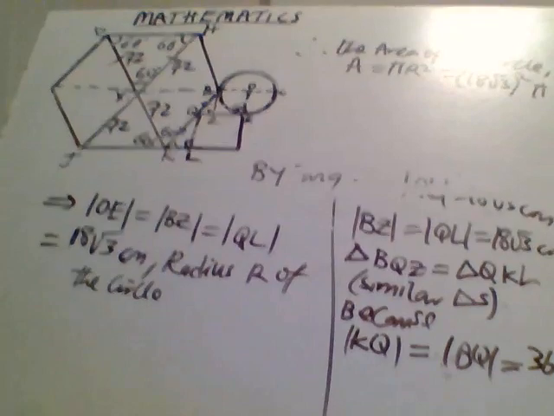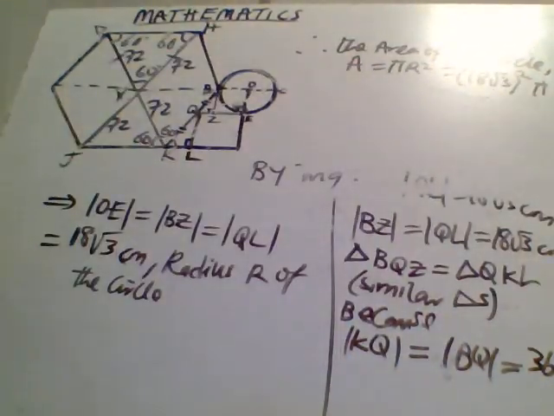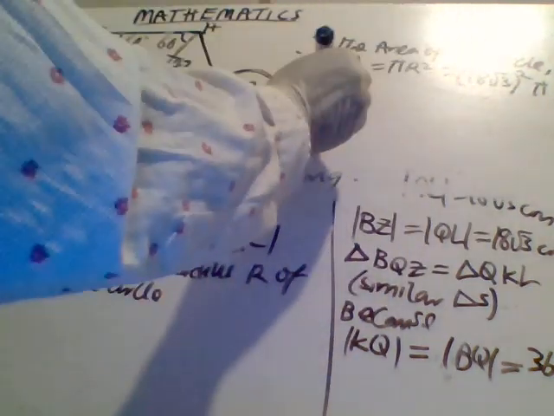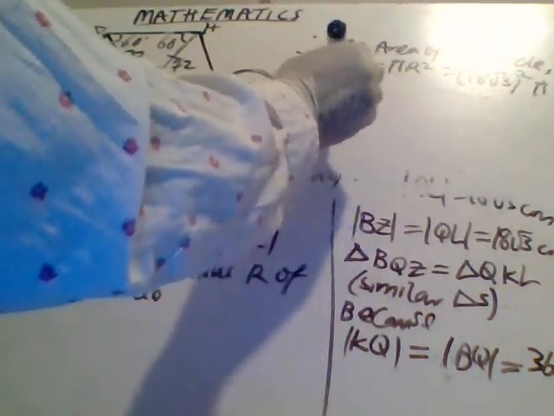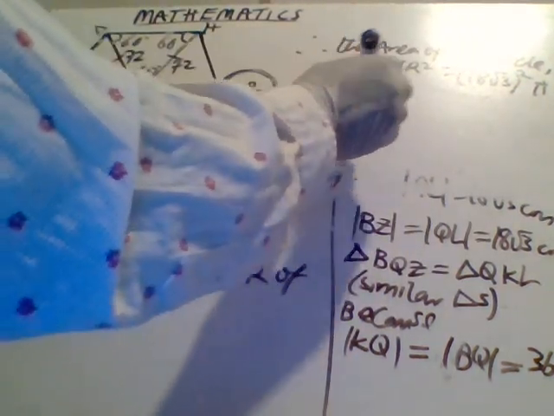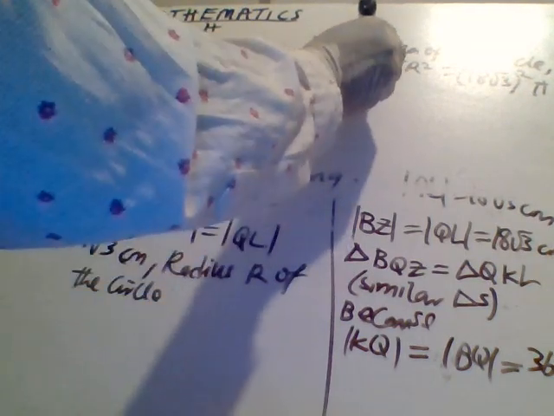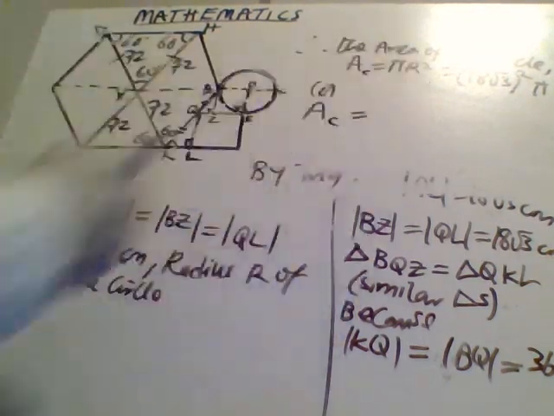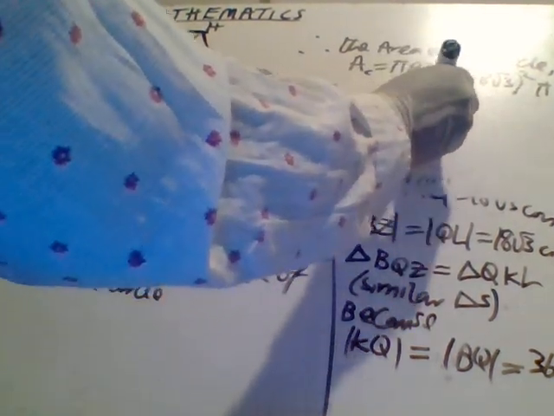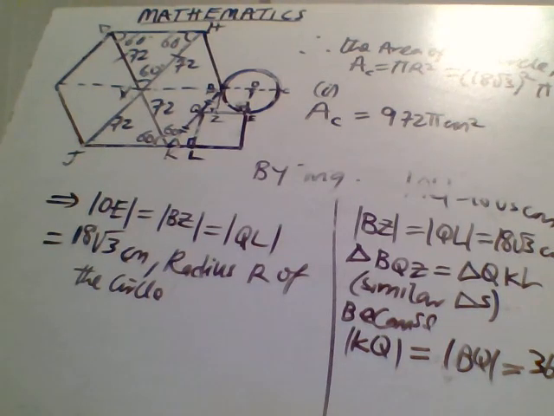Simplify it. Remember you are asked to leave your answer in terms of π. So the area of the circle, which is the first question, is equal to 972π cm squared. That is the area of the circle.